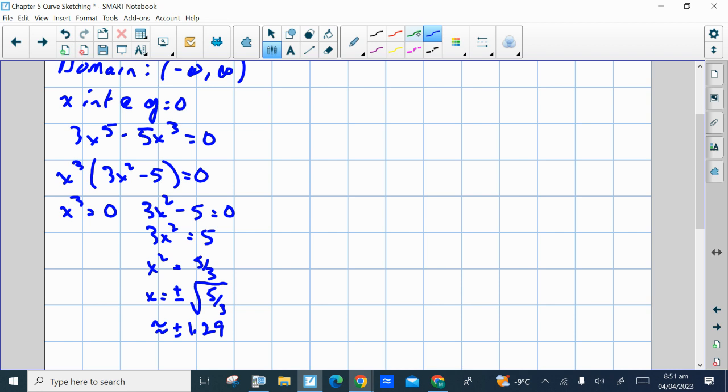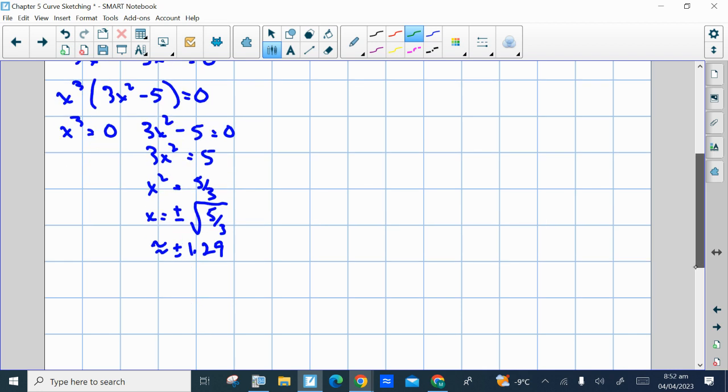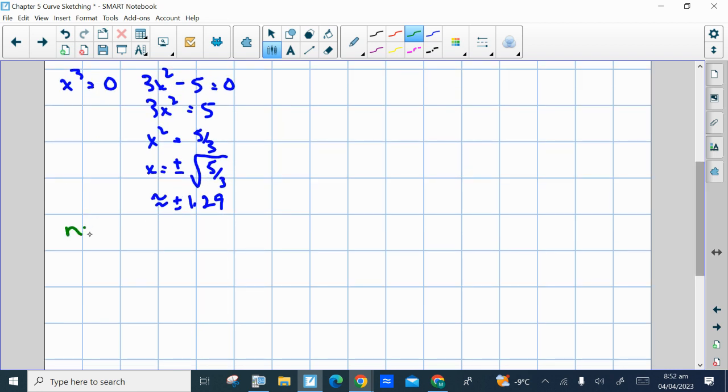Once again, there are no asymptotes here because it's not a rational function.